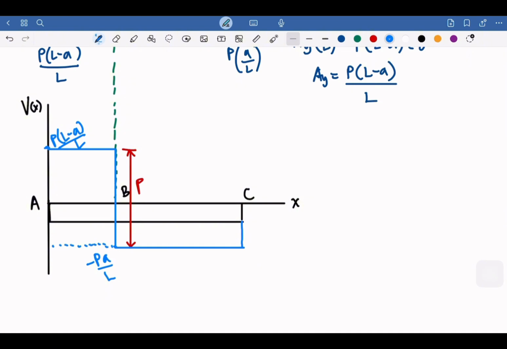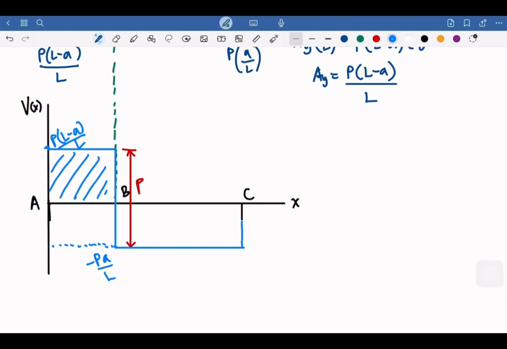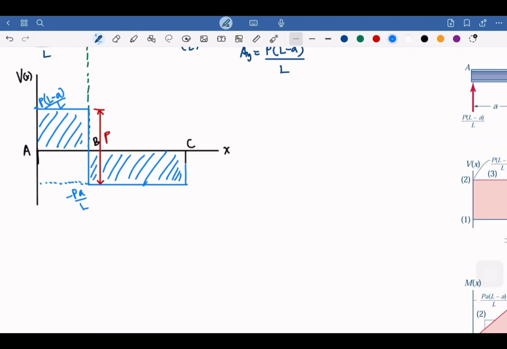I think the beam should not be included in the picture. I forgot to erase that, so let me erase it. It should be only the axis and the coordinates. So you could determine the area, which is your V. And then from here, we could develop the bending moment.